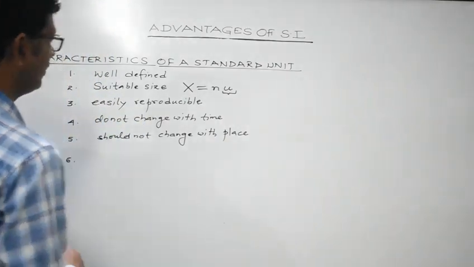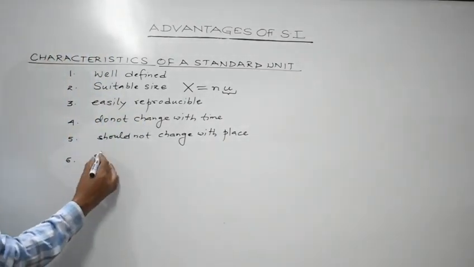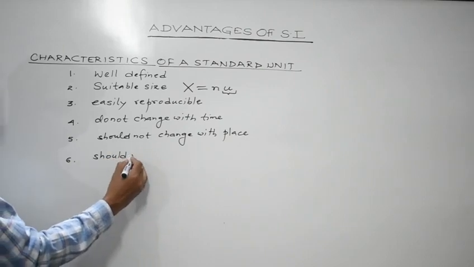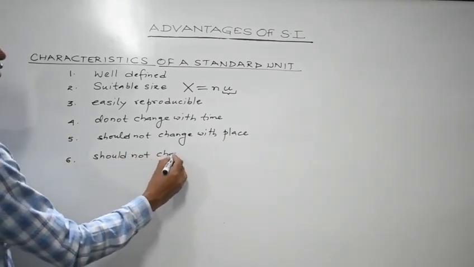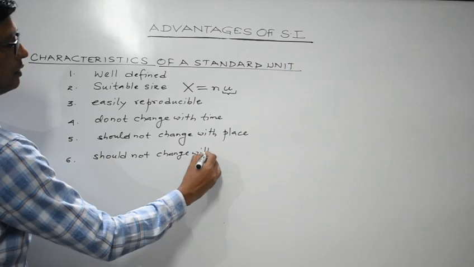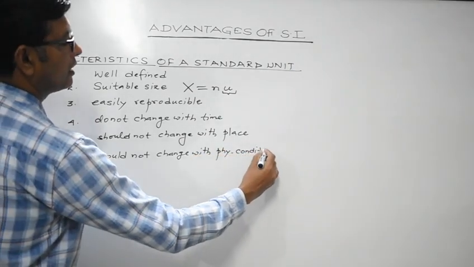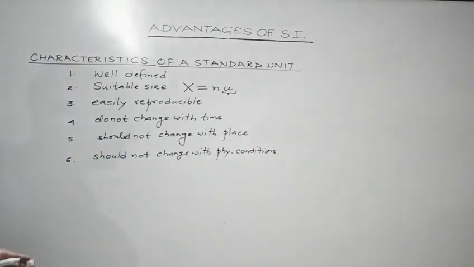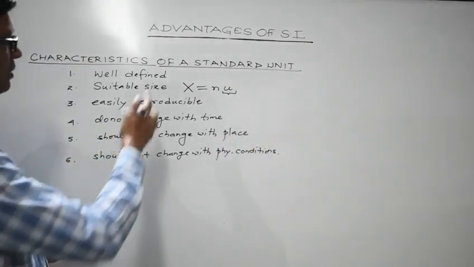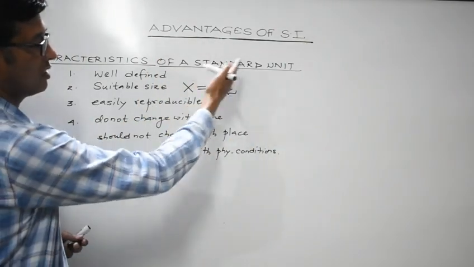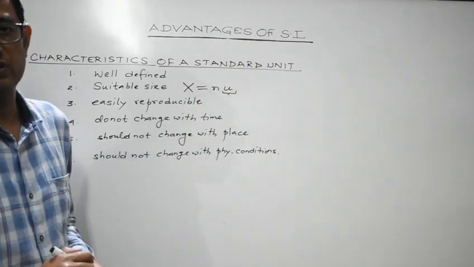So this is one of the very, very important characteristics. It should not change with physical conditions like temperature, pressure, etc. So these are some important characteristics which a standard unit must possess, right?